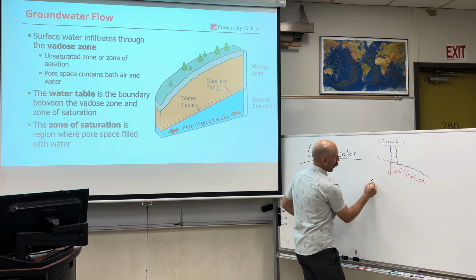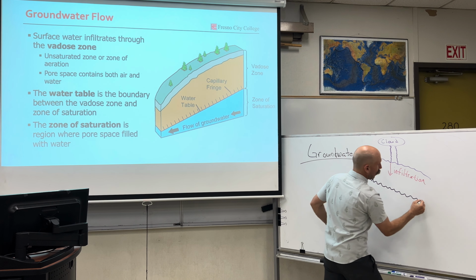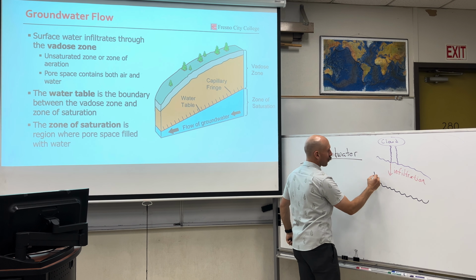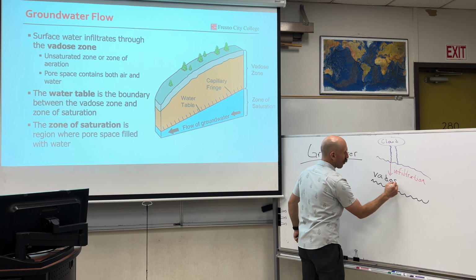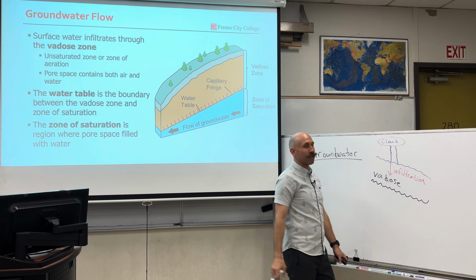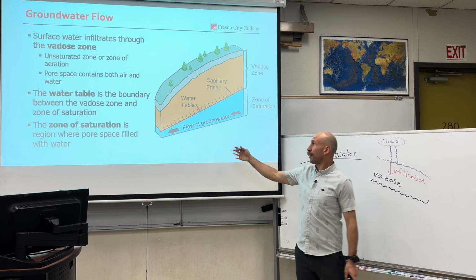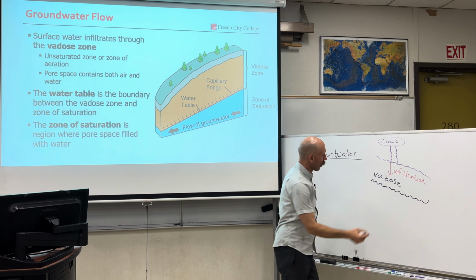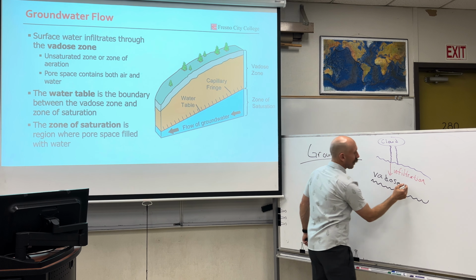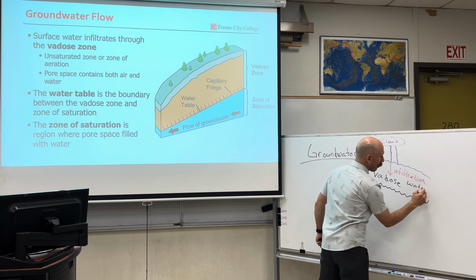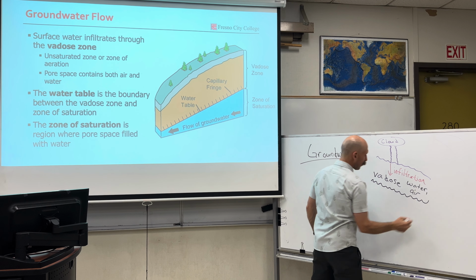Great, love it. Okay, so it infiltrates down through the vadose zone, also known as the zone of aeration or the unsaturated zone. And this has both water and air.